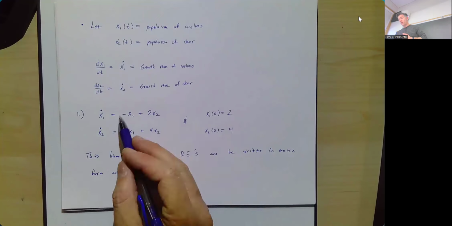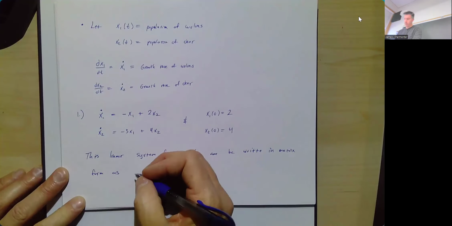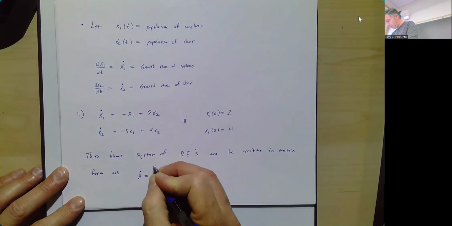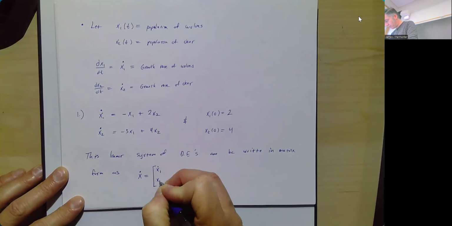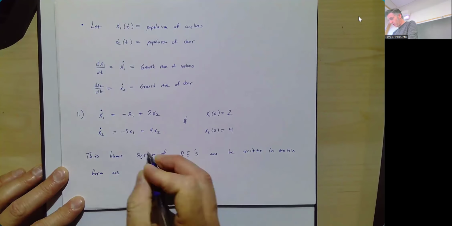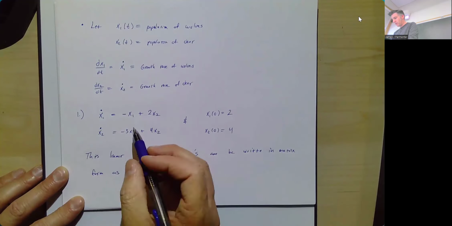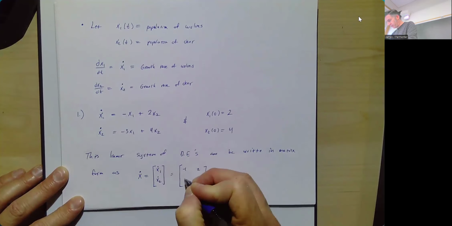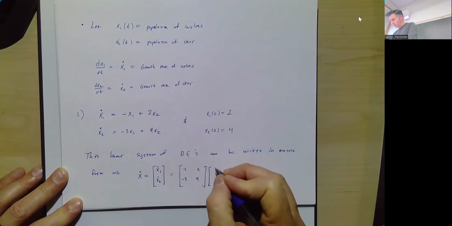It's all the coefficients of these things in order. So it's going to be x dot, which is just the vector of derivatives of x1 and x2. And those are equal to the matrix A, which is the coefficient matrix, -1, 2, -3, 4. Oh, that matrix looks familiar. Times the variable matrix x1, x2.